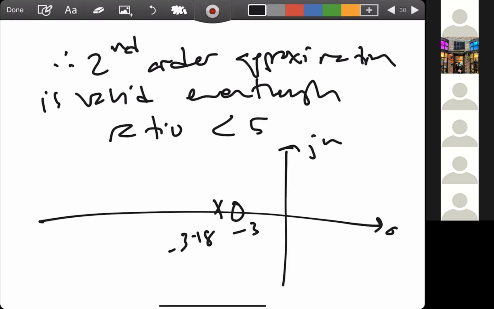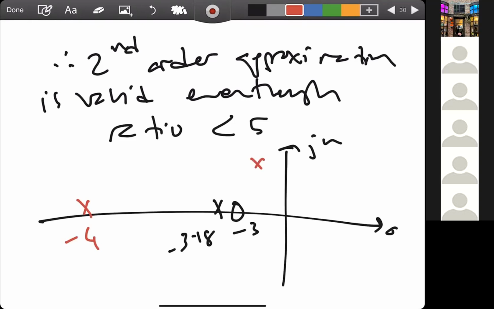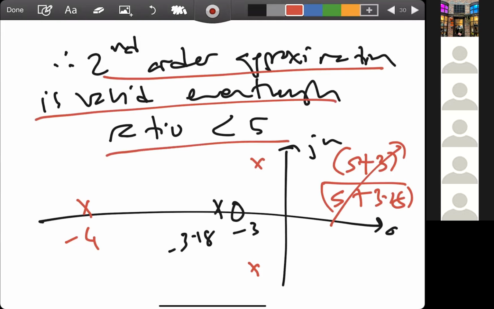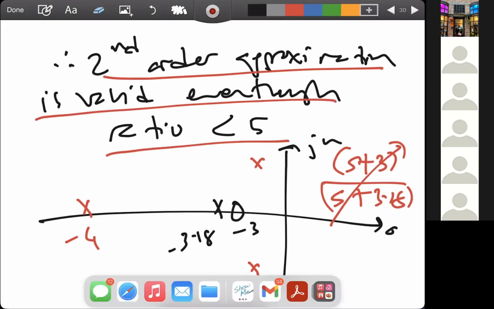So the third pole can cancel this zero. S plus 3 and S plus 3.18 are very near and overlap, so we can cancel this one. That's why the second order approximation is valid. Did I answer your question? Yes, doctor. Thank you.